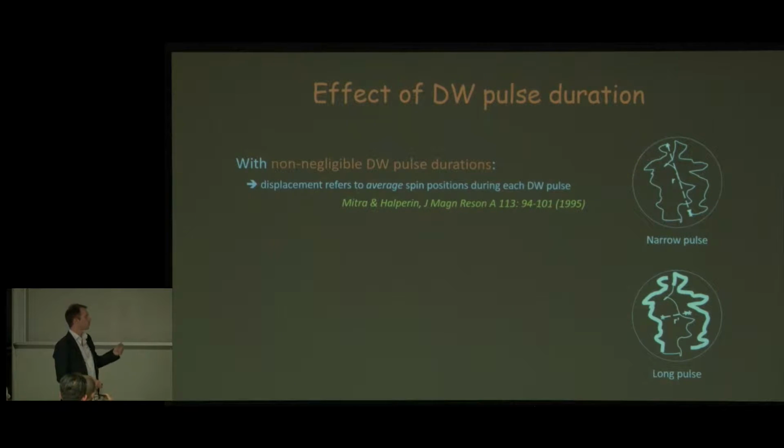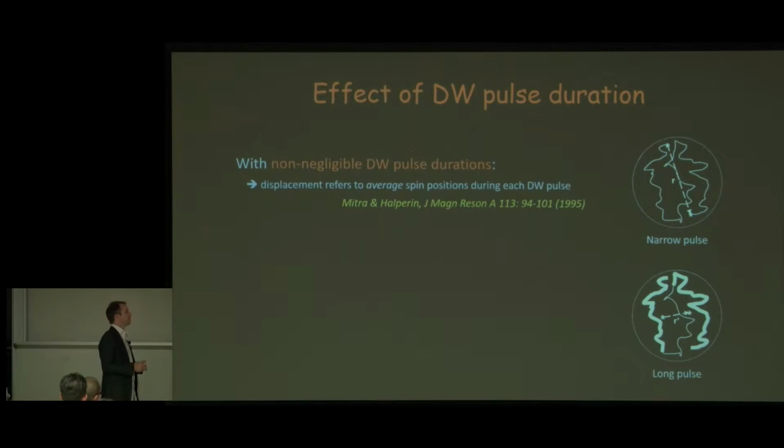So even with the shortest pulses, this is basically the path of that molecule over the timescale of that pulse. And what that does to the interpretation of the Q-space signal is that when you look at displacement, we're talking about displacement between the average position during the first pulse and the average position during the second pulse.